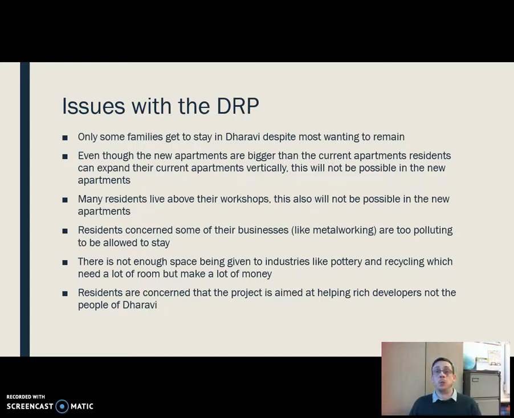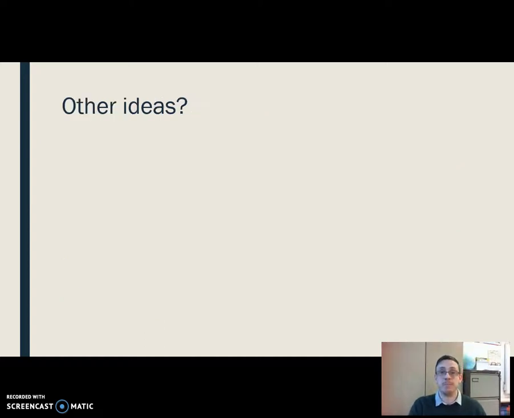So people are worried that they're not going to get the room to keep that going. And fundamentally, people look at this and they go, who is this meant to benefit? Is this meant to benefit the people of Dharavi? Or is it meant to benefit the people who are investing in it with these expensive houses, shopping malls, offices that are taking up half the space? And there is real concern over that.